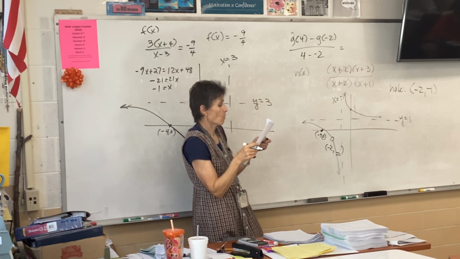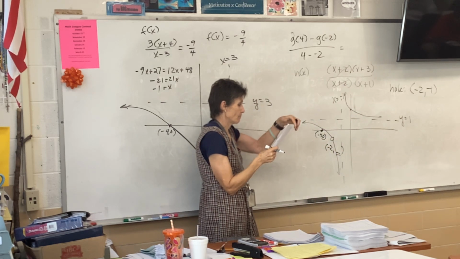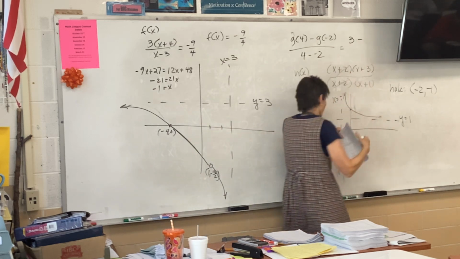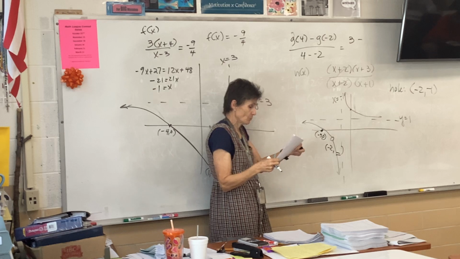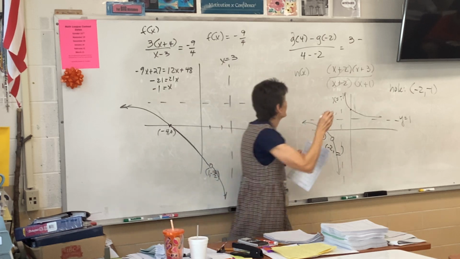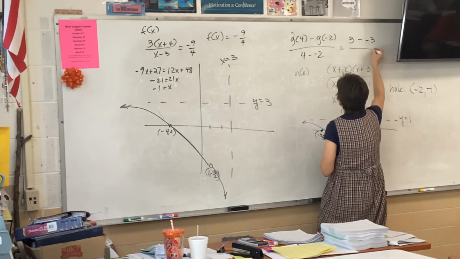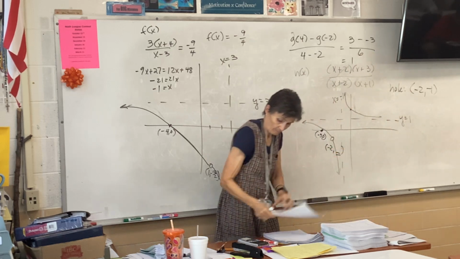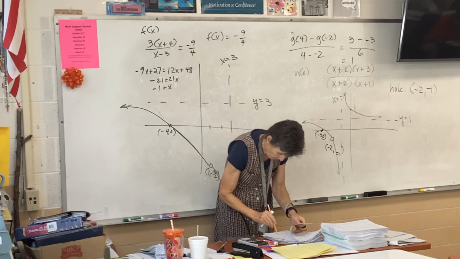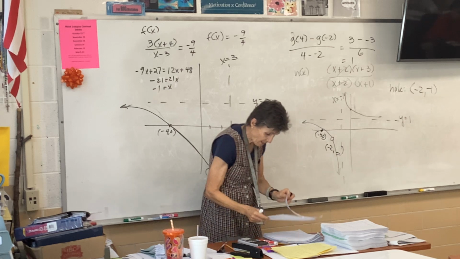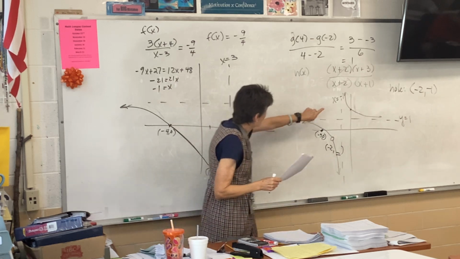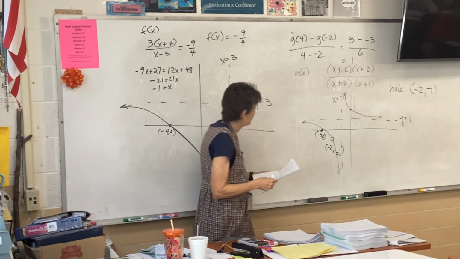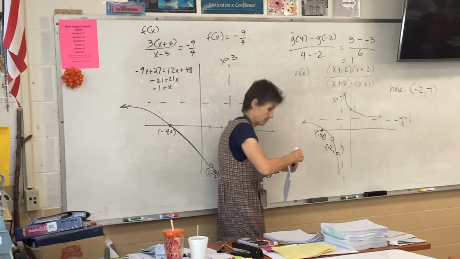What's G of 4? 3. What's G of -2? -3. Did you get 1? So that's 1. H of X, that's this one. H of X has a vertical asymptote at -1.